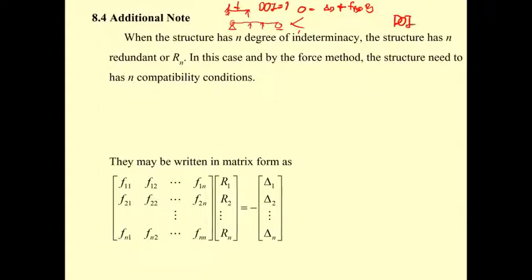If we have degree of indeterminacy equal to 2, we have two equations. So if we have 3 degrees of indeterminacy, we're going to have 3 equations. So if you have n degrees of indeterminacy, you're going to have n redundant forces, and your equations are going to be n equations. You're going to solve for n redundant forces.